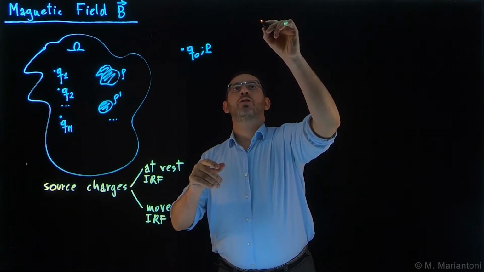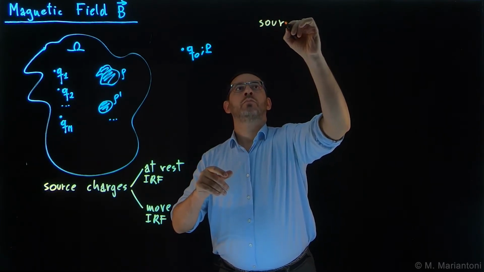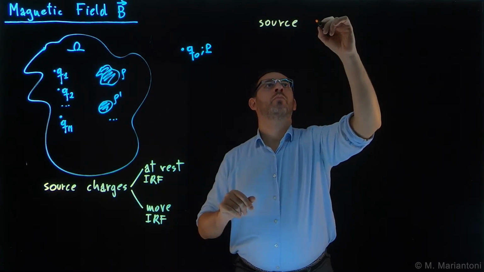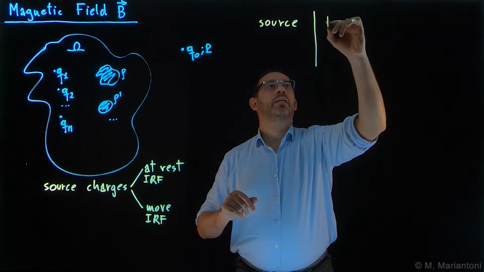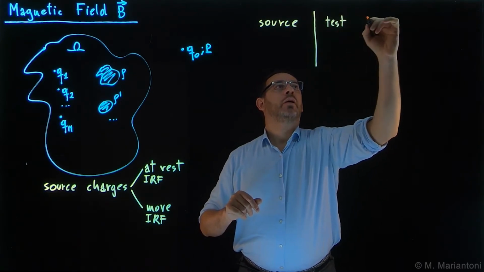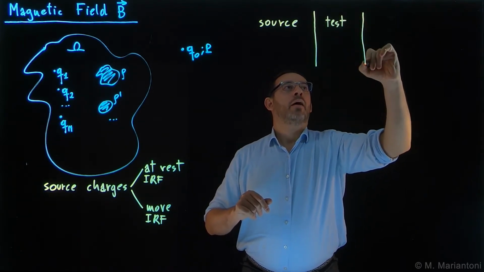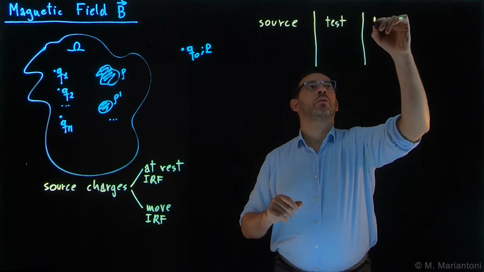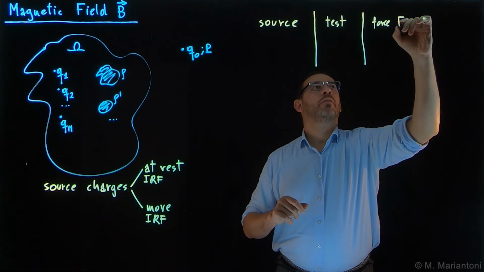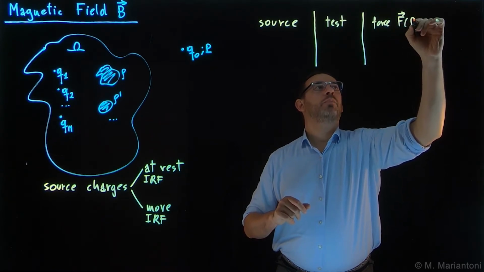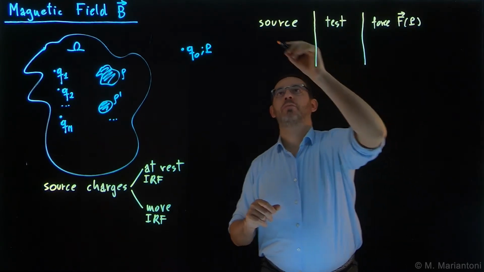We can have the source charges, we can have the test charge, and here we see the force F at point capital P. We measure the force F at point capital P.